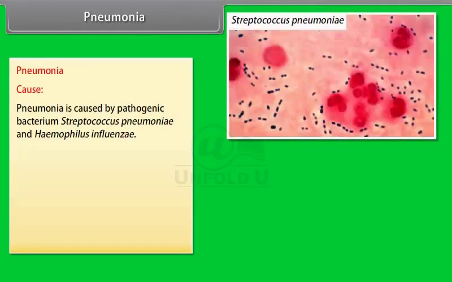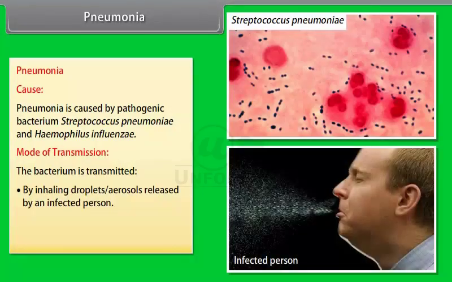Pneumonia. Cause. Pneumonia is caused by pathogenic bacterium Streptococcus pneumoniae and Haemophilus influenzae. Mode of transmission. The bacterium is transmitted by inhaling droplets and aerosols released by an infected person, or by sharing utensils with an infected person.